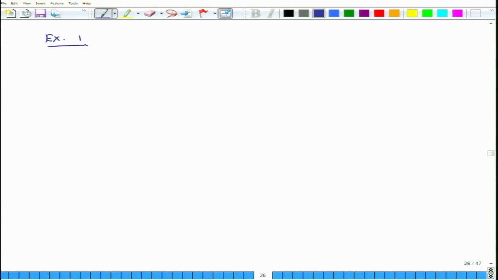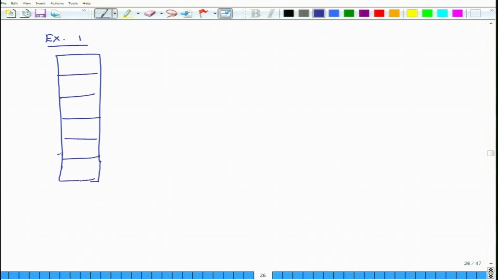Example 1. Okay. So, let us say we have a stack up. We are assuming that each of the thickness is the same, even though I may not be drawing correctly.